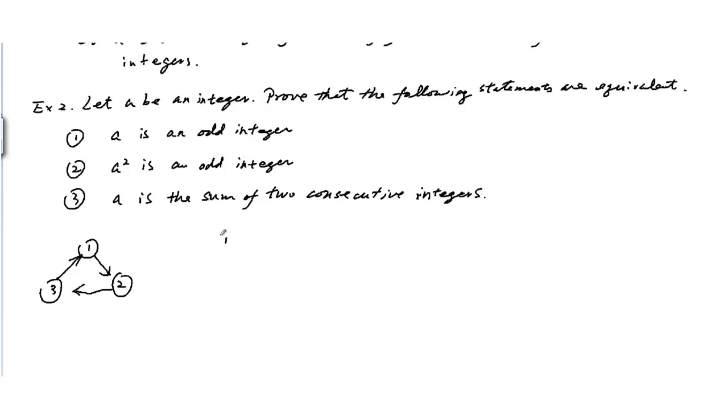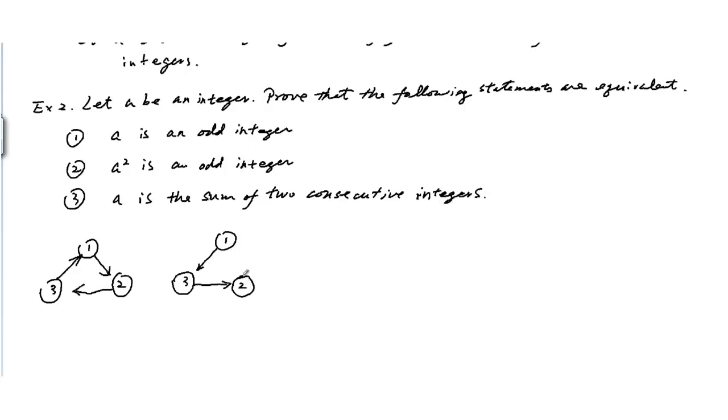You may also say, okay, from 1, if a is an odd integer, then you can prove 3, which we did just now, is the sum of 2 consecutive integers. So then from 3, you can prove that if a is a sum of 2 consecutive integers, then a squared is an odd number.